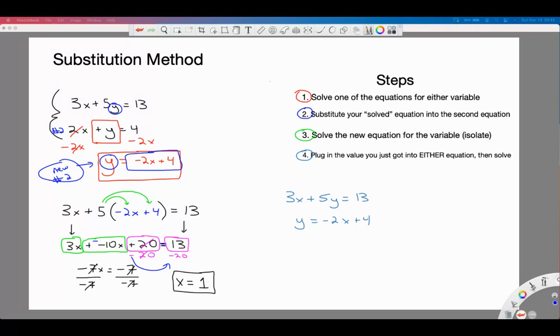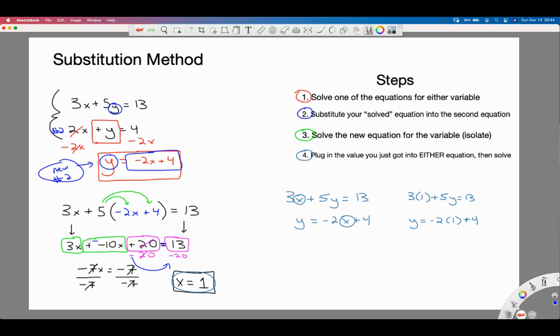What we have to do is look to plug in that 1 that we just got for either of the x's in the systems here. So writing these equations both out, it would look like this, right? Instead of the x here on top, 3 times x, it'll be 3 times 1. Instead of here, negative 2 times x, it'll be negative 2 times 1.